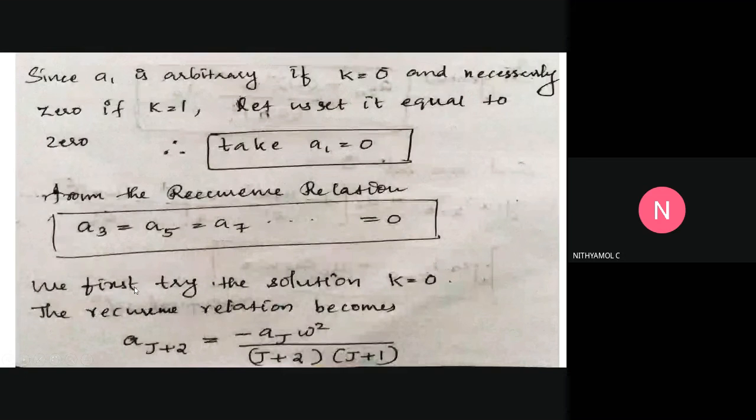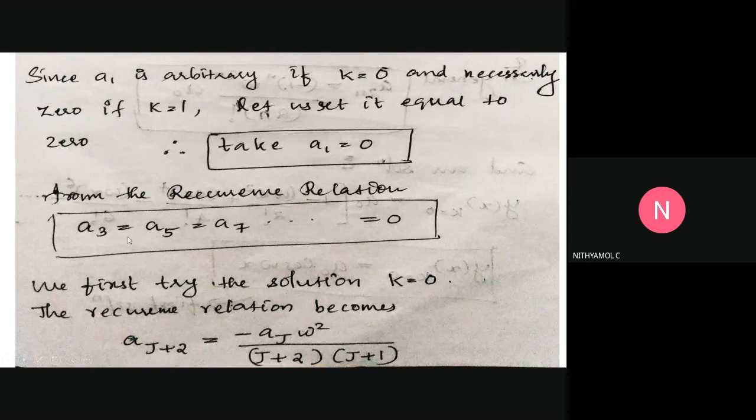Since a1 is arbitrary if k is equal to 0, as we already saw, and necessarily 0 if k is equal to 1, let us set it equal to 0. We can take a1 is equal to 0.